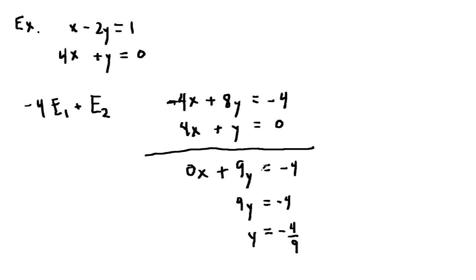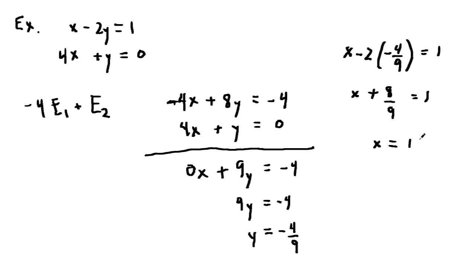I want to find what x is, so I'll plug this y value back in to the first equation. x minus 2 times -4/9 equals 1. Now simplify this. Solve for x by subtracting 8/9 from both sides, and I get 1/9.